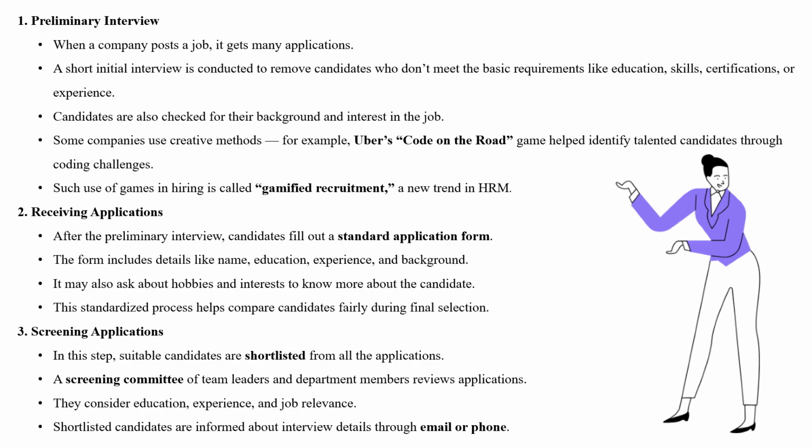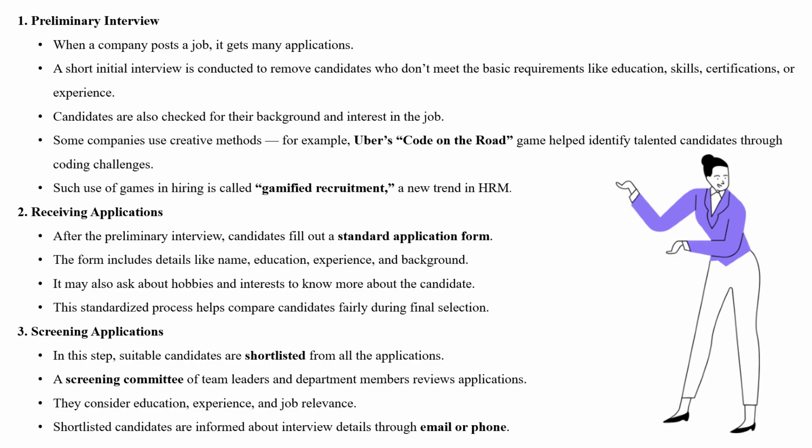Second step is receiving application. Candidates who pass the preliminary interview fill out the application form or submit their resume. The application consists of details like personal information, qualification, work experience, skills, certification, hobbies, interests.